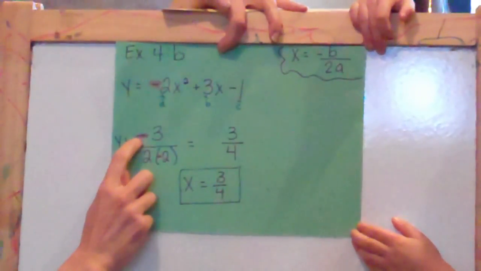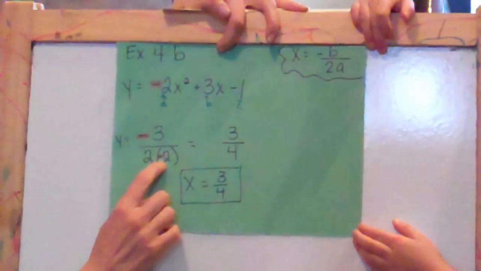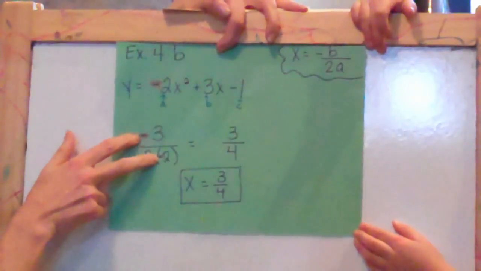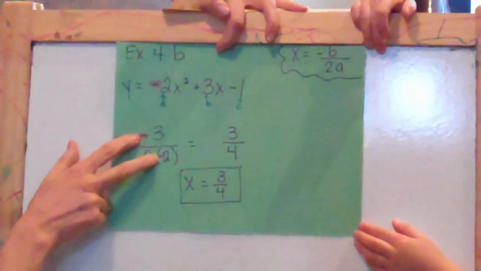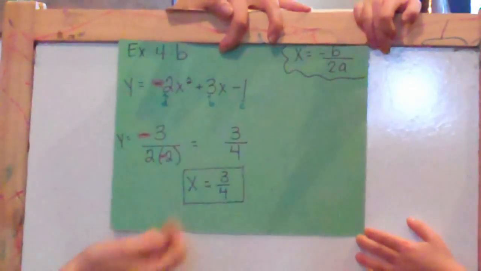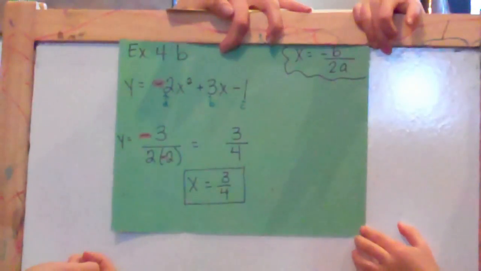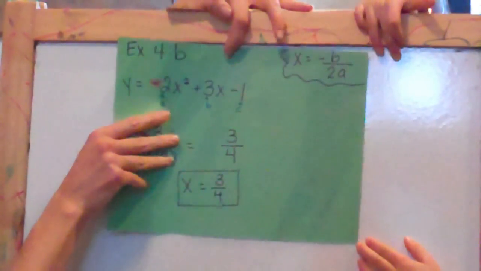And it's always an understood negative b. I'll add my negative 2. So when I simplify this, I notice I have double negatives, which will equal a positive. So 3 over positive 4. So my line of symmetry is x equals 3/4. And you're finished.